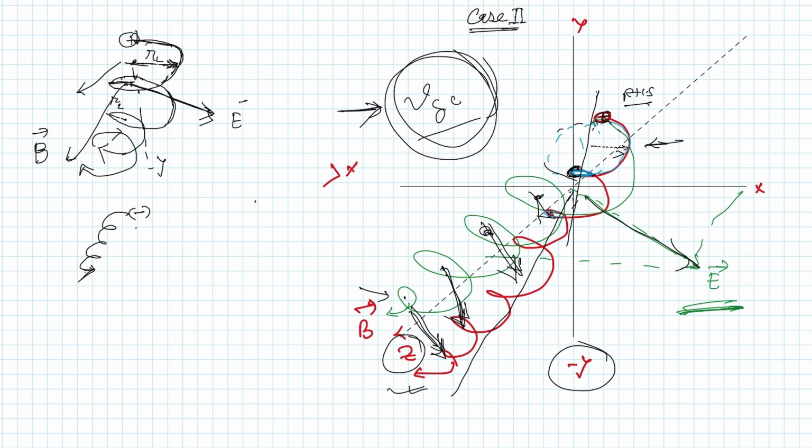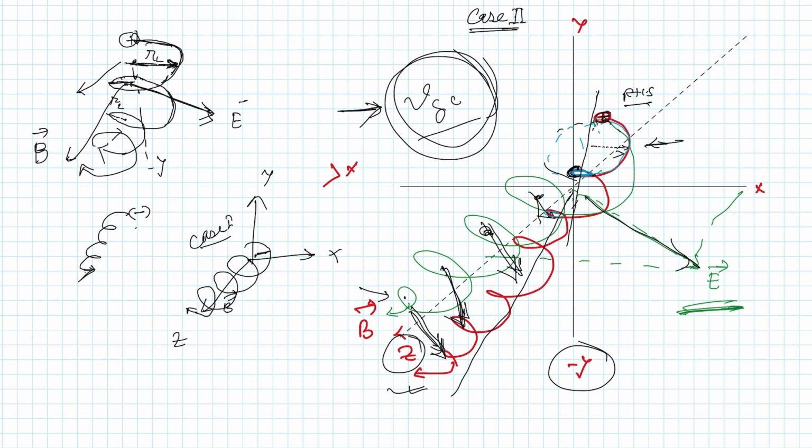Here you see this is the z-axis, this is x, this is y. In case 1, there was no external electric field, only the magnetic field was there. In that case there was only Larmor motion, and the radius in each cycle was the same, but here it is not the same.